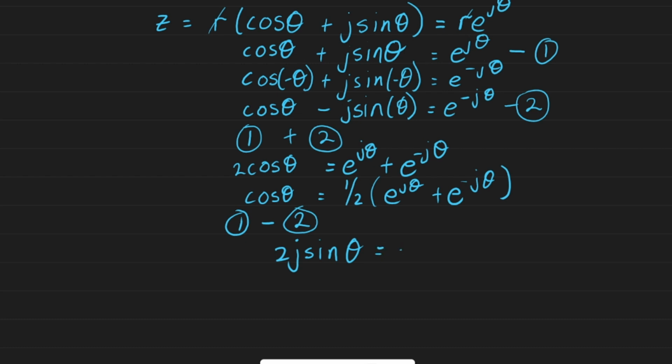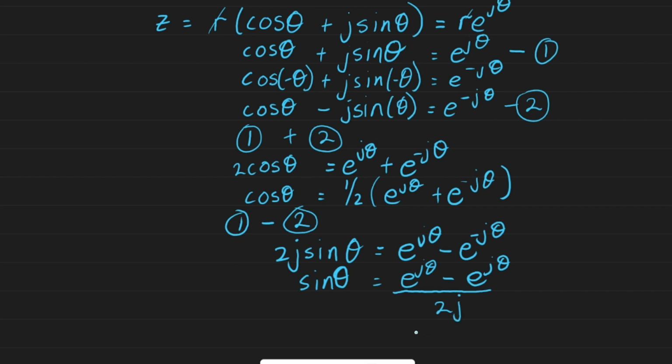And this is now equal to e to the power j theta minus e to the power minus j theta, and then now solving for sine theta. So sine theta is simply equal to e to the power j theta minus e to the power minus j theta divided by 2j. And now we have solved for cos theta and we have solved for sine theta.